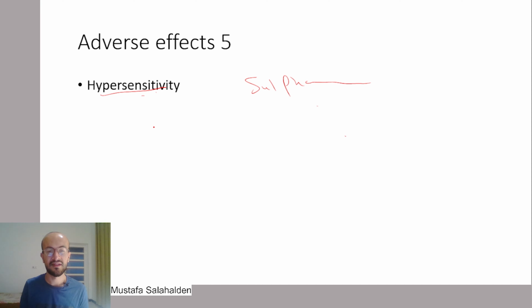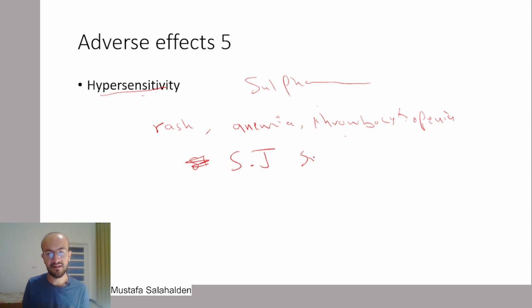And they might cause symptoms like rash, or maybe immune reactions, like this might lead to anemia or thrombocytopenia. They might even cause something very severe like Stevens-Johnson syndrome.